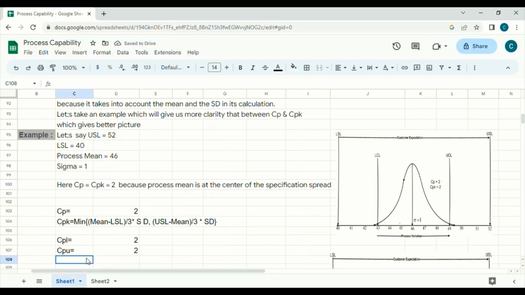That means the minimum of CPL and CPU will be equal to 2.